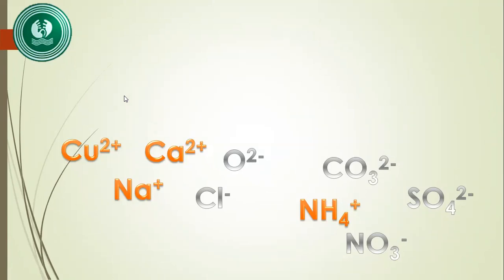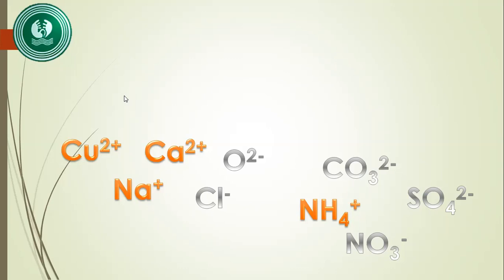This is by nitrogen and hydrogen, the combination of more than one element. So in this case, we call this positive ammonium ion a cationic radical. These are the ionic radicals.